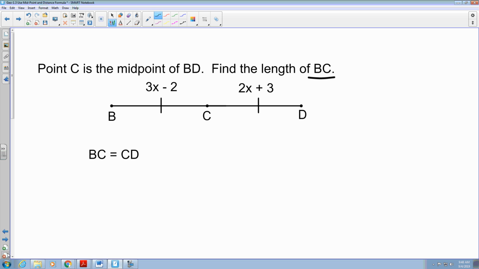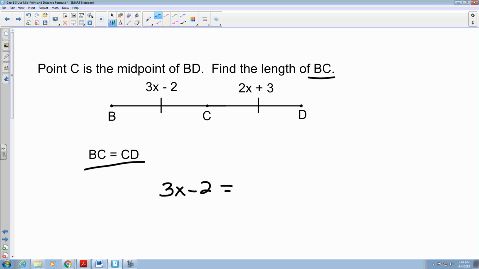So we're going to have to do some algebra. Because it's a midpoint at point C, we know that BC and CD are going to be equal to each other. Since they're equal, we can substitute those values in for BC and CD respectively to solve for X. So BC is 3X minus 2, write that in.